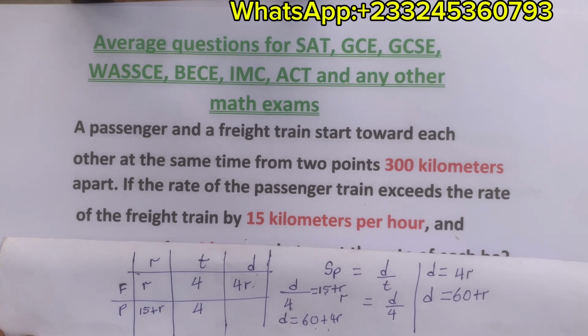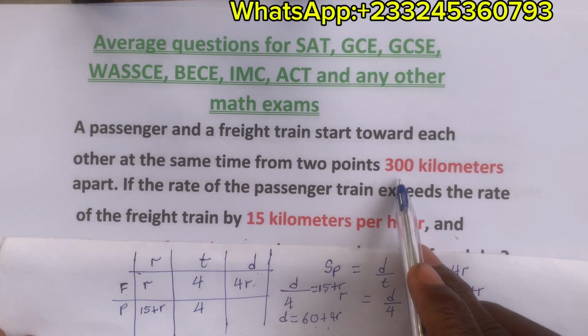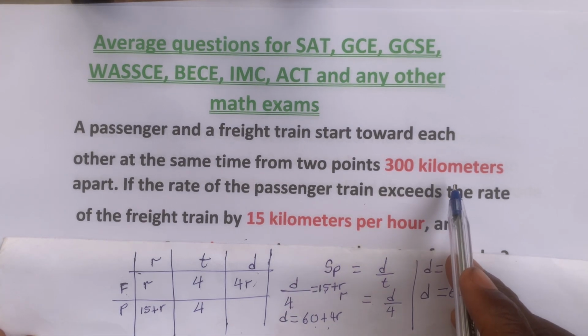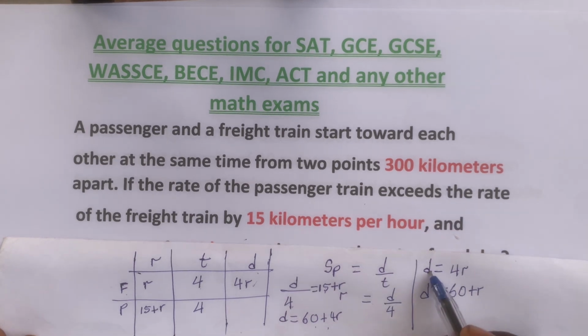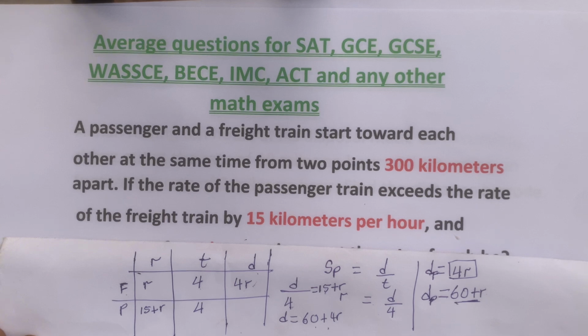So the total distance covered is 300 kilometers. I hope you've seen that. This D is not equal to this D. Remember that. This is the distance covered by the freight train, and this is the distance covered by the passenger train. So let me put here F, and let me put here P, so that it will differentiate them.